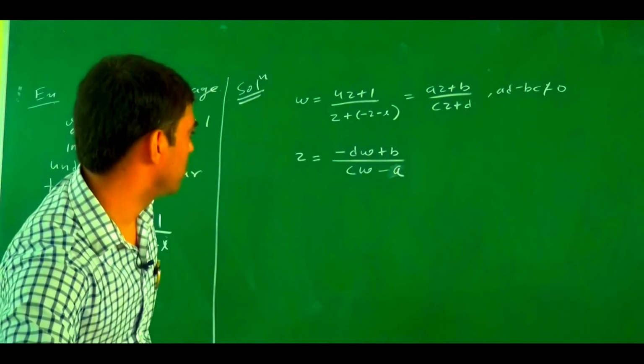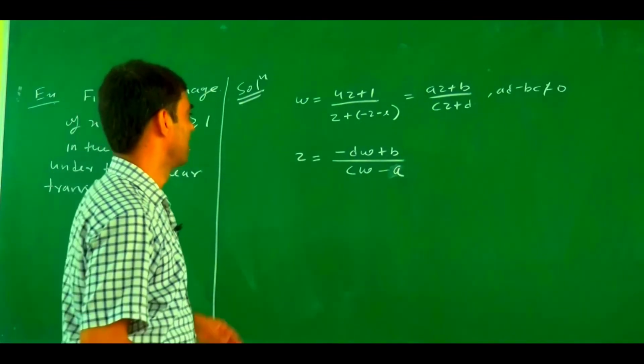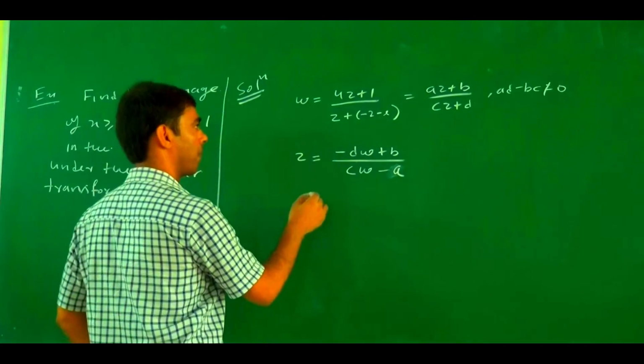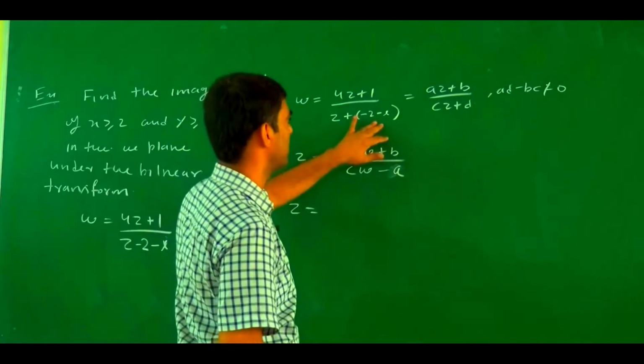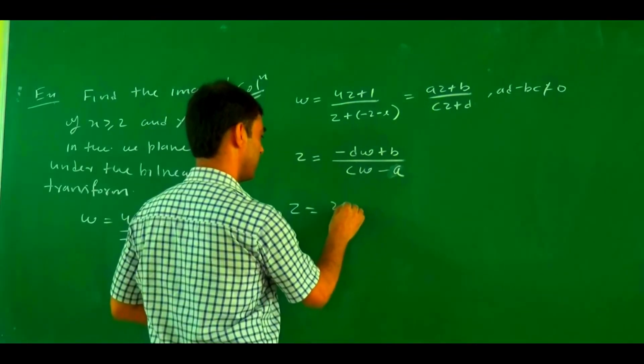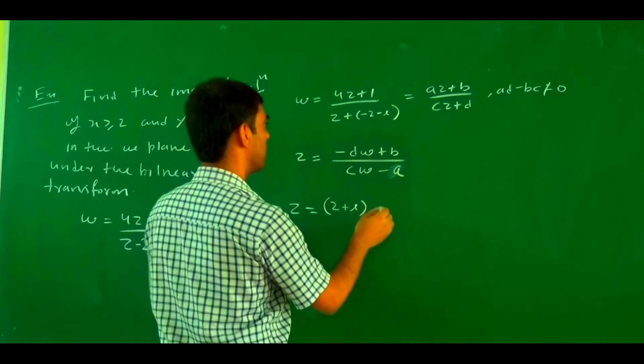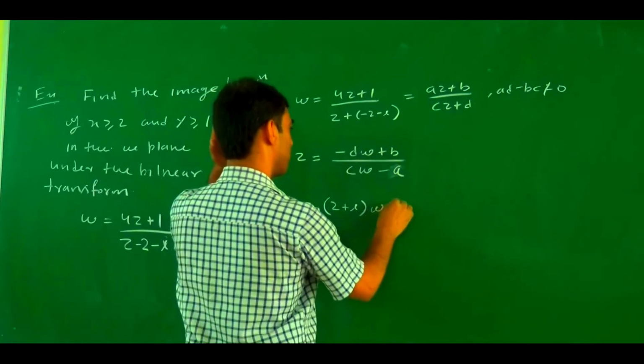Now what is the value here? d becomes minus (2 plus i), that is, minus 2 minus i, so minus d is 2 plus i.